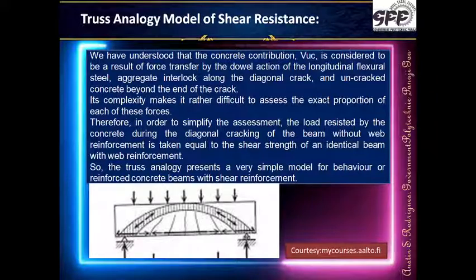Therefore, in order to simplify this, the load resisted by the concrete due to diagonal cracking when no shear reinforcement is provided is considered, and that is taken to be equal to the shear strength of the concrete.